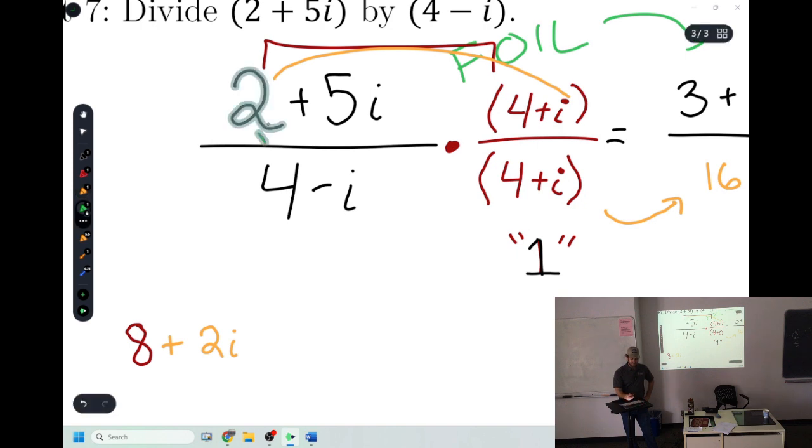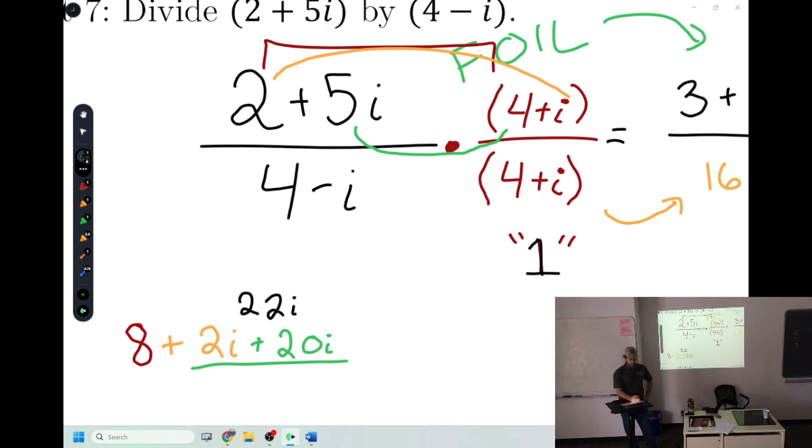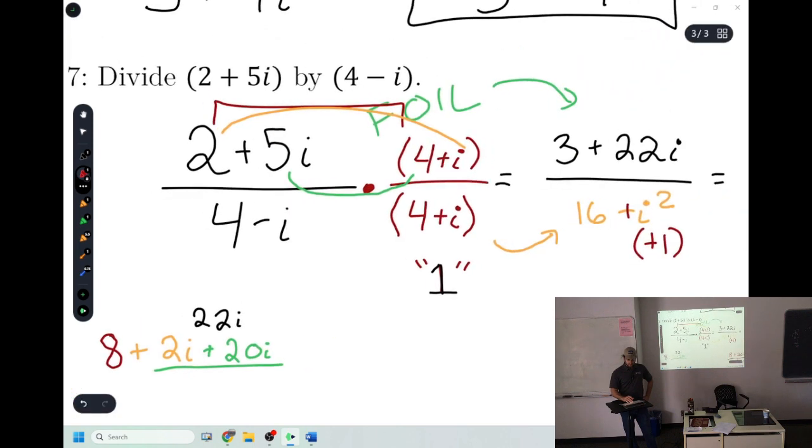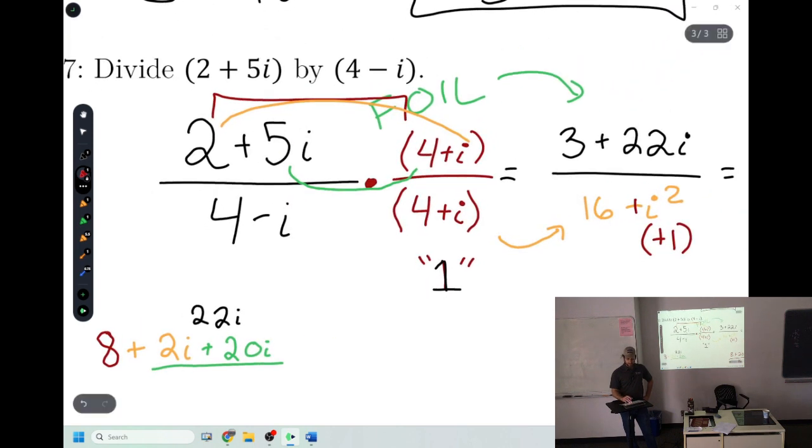I almost did the same exact thing. 5i times 4. Okay, I'm cool with it so far, right? Those are going to end up turning into 22i, which we're awesome with. But then this is plus 5i squared, and then it turns negative.